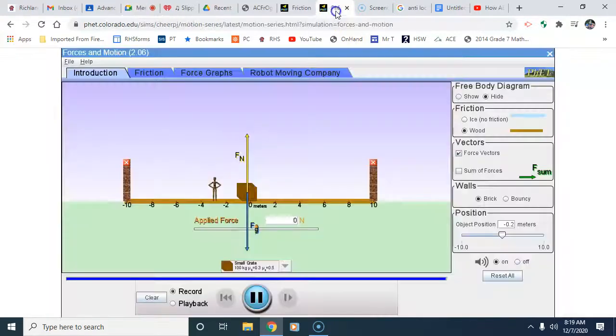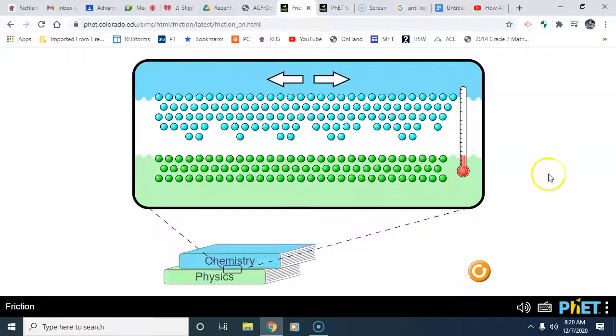So let's first take a few simulations to look at friction on its microscopic level, and why it's created. This little simulation has us imagine if you could see deep into the molecular level of the makeup of any hard object.